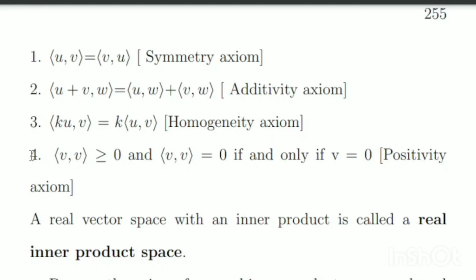The fourth one is inner product of v, v should be greater than or equal to 0, and it is equal to 0 if and only if v equals 0. This must be satisfied by an inner product. So a real vector space together with this kind of inner product is called a real inner product space.